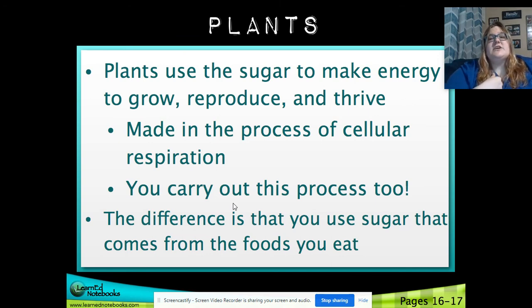The difference is that you use sugar that comes from the food you eat. So if you're eating a fruit or a vegetable, you're getting natural sugar that was already in those. If you're eating processed foods, you're getting less healthy sugars because they're processed and they've also been changed. That's why you get more energy from eating fruits, vegetables, things that have grown from the ground.